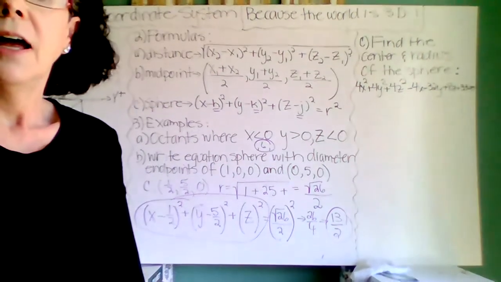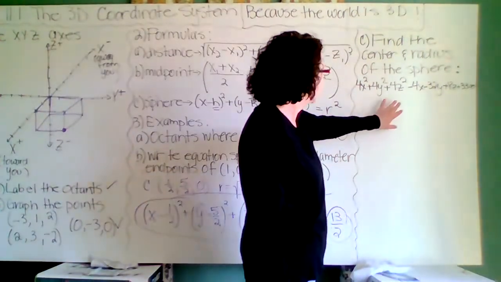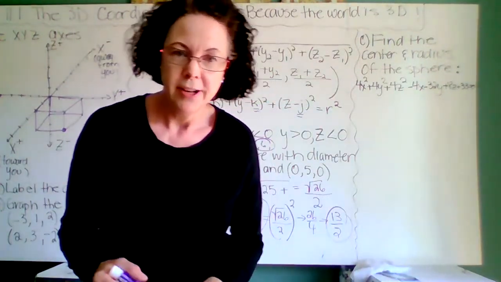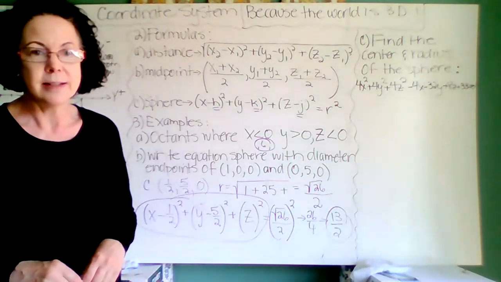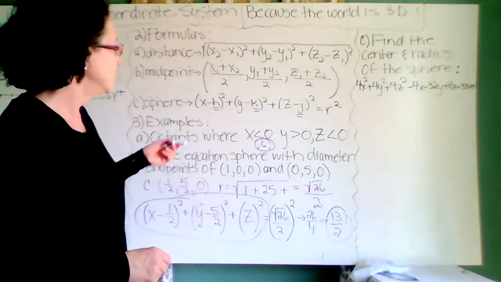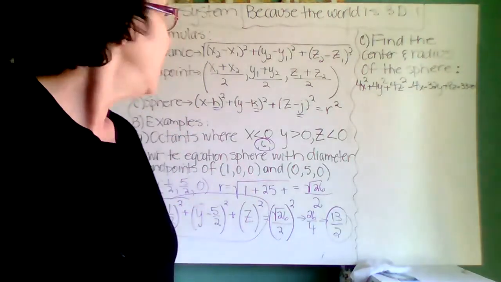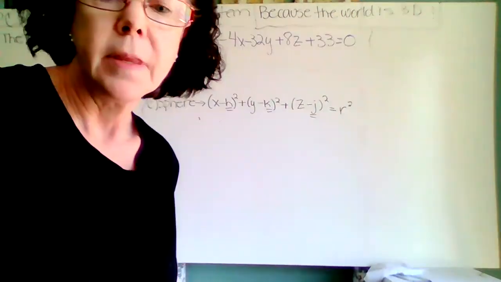Now, I wrote it too small, no worries, over here, because I'm going to erase. They gave us the general form of the equation of a sphere, and we are going to find the center and the radius. So I'm going to pause and erase here, and write that equation bigger.